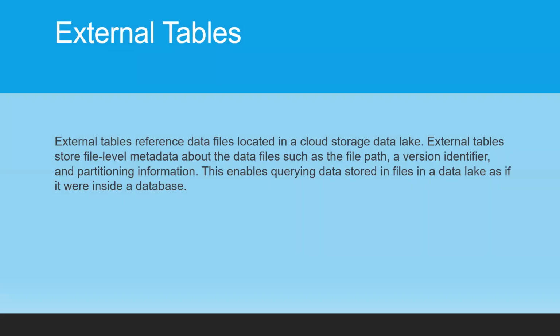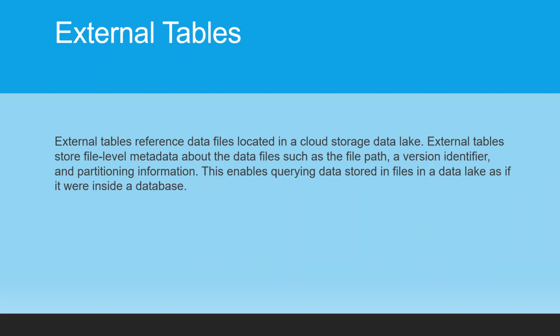Let's talk about the other table type, the external table. In a typical table, the data is stored in the database. However, in an external table, the data is stored in files in an external stage. External tables store file-level metadata about data files, such as the file name, a version identifier, and related properties.